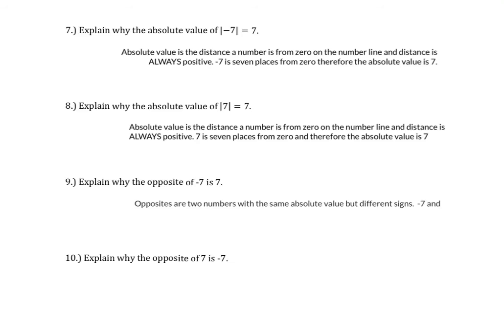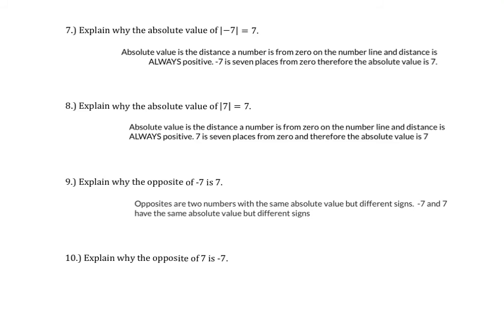Negative 7 and 7 have the same absolute value but different signs, and therefore that's why they would be opposites.